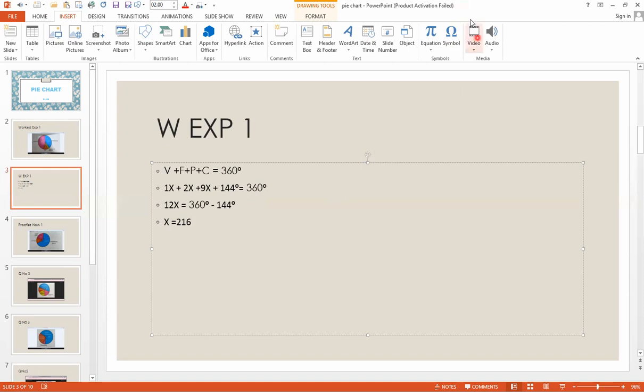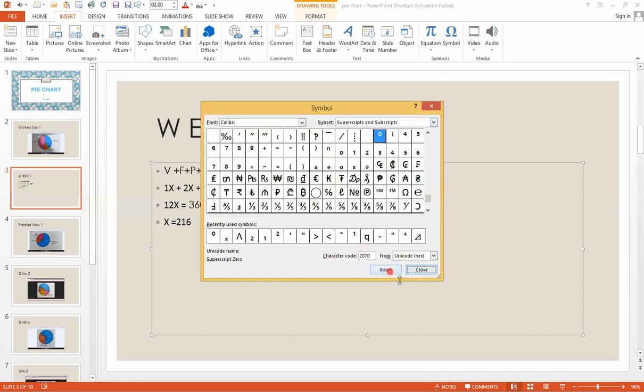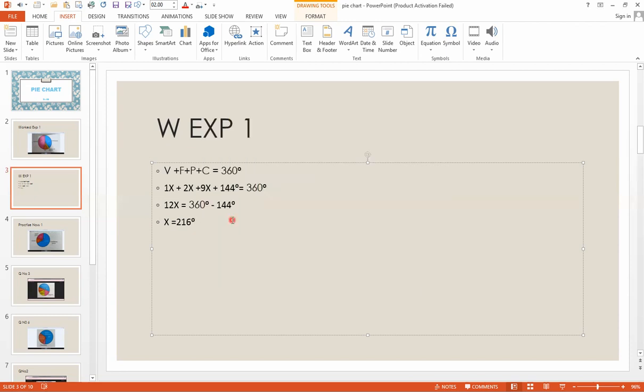Again, I put the degree sign. 12 is multiplying x here, so when I write it on this side, it will divide. So you have to divide by 12.